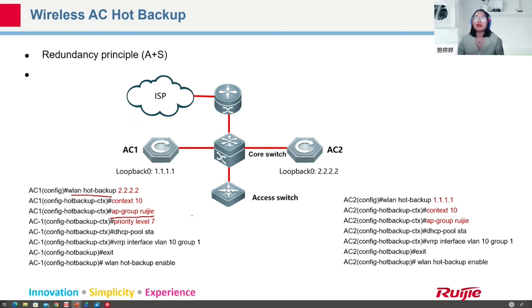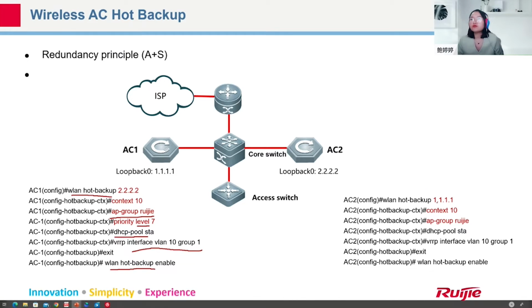Of course, we have to add the AP into the AP group. For this hot backup, AC1 priority is level 7. For the priority, a higher value is better. Then there is the DHCP pool for the stations, and the VRRP interface VLAN 10 in group 1. This is the configuration of the VRRP, and we have to enable the hot backup function.